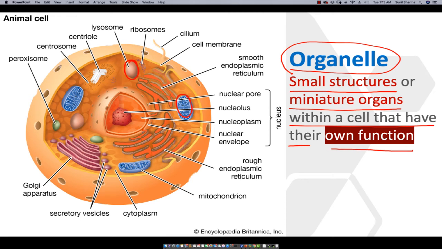Let's see, we have the so-called peroxisomes, and these help break down large proteins into smaller digestible proteins, so that these proteins can then be broken down and converted to energy for the cell. And so a number of things happen within a cell.